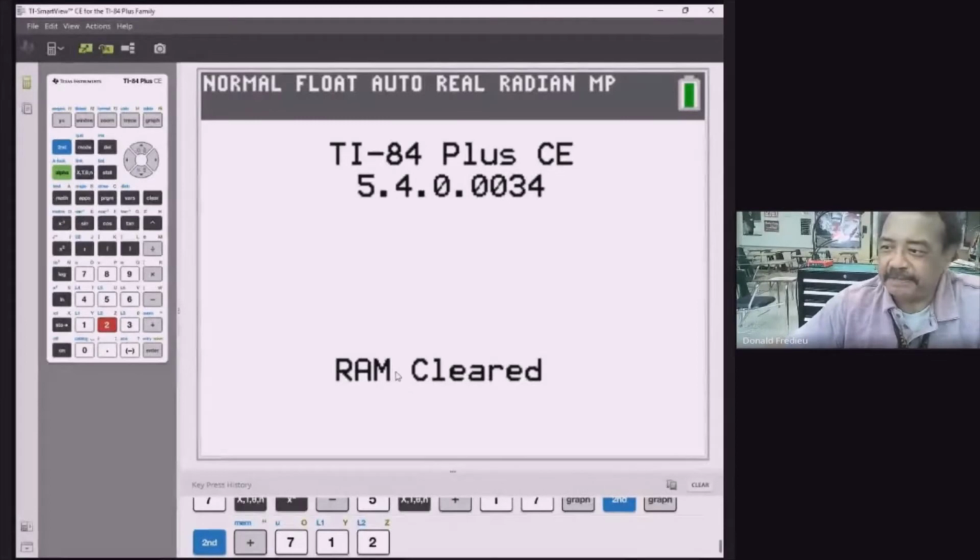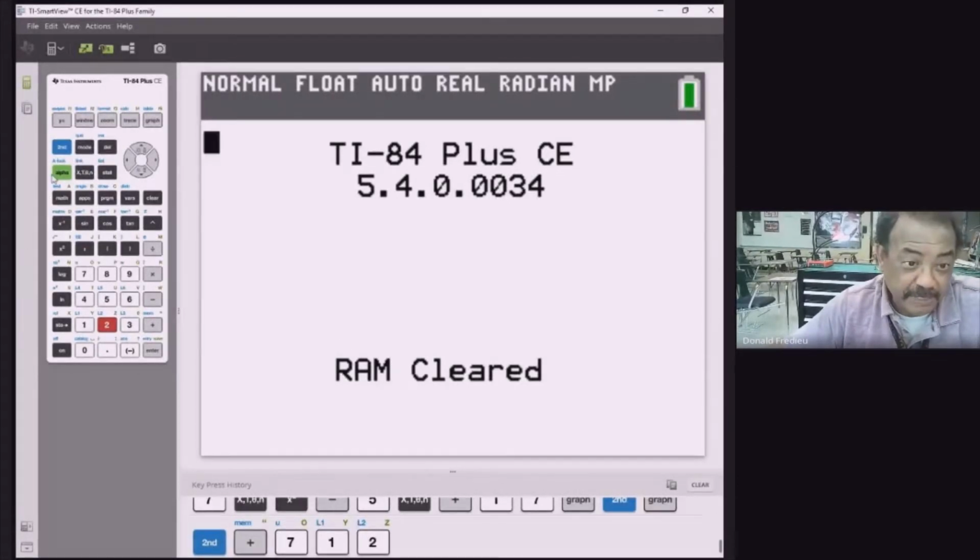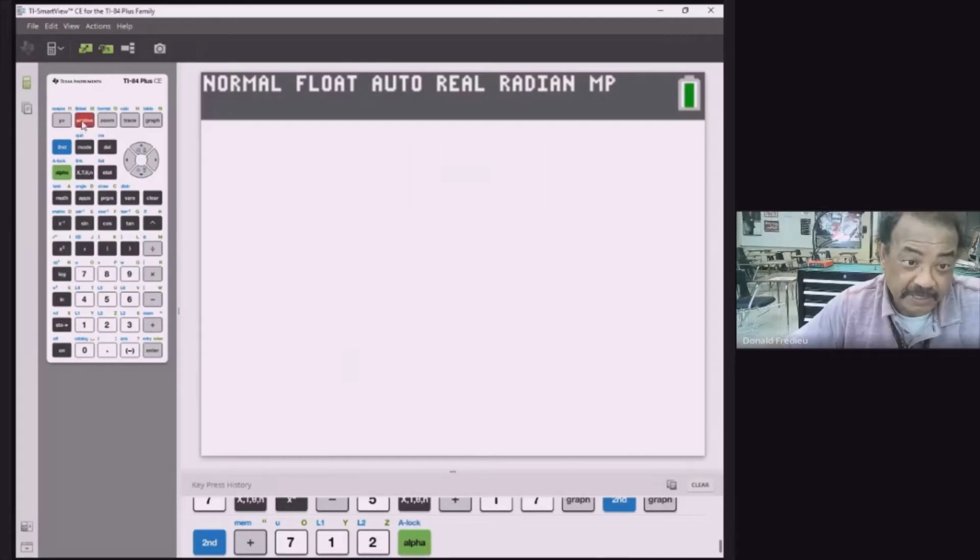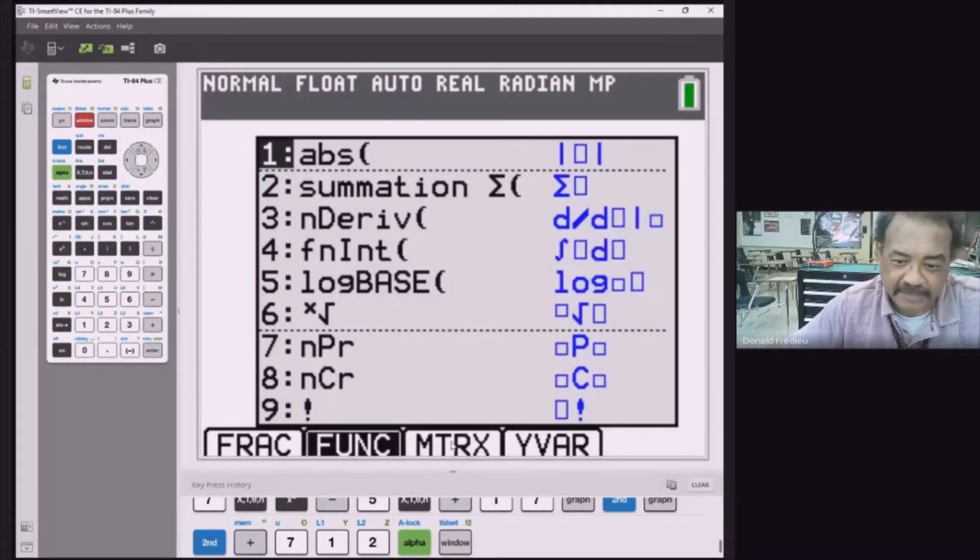So we're going to the calculator now. And we're going to put our matrix in. So to get to the matrix menu, I press the alpha key, the green key, the window key, and I want matrix, that's this, so I'm going to press the zoom key.